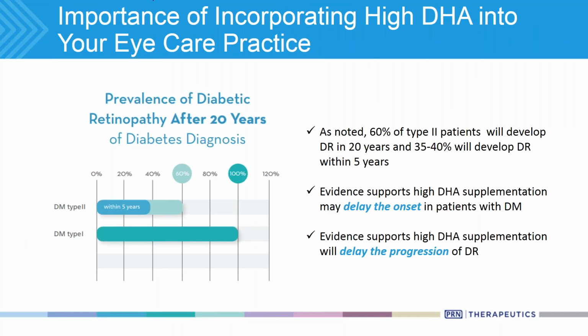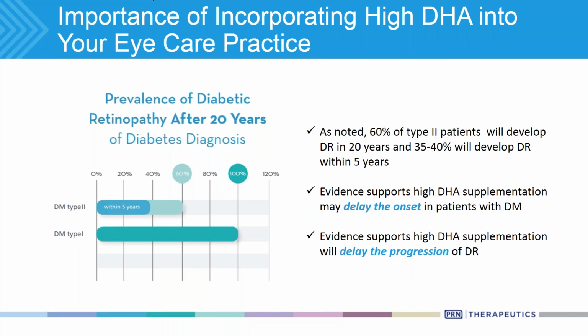So in recognition of the fact that over time, just about all of these folks will develop retinopathy. Of course, if they're type 1s, that means they probably had it from childbirth or from childhood, and all of these folks will ultimately develop retinopathy. That's the bottom line on this slide.